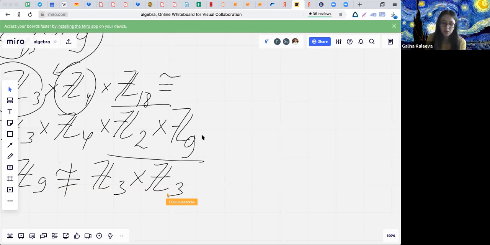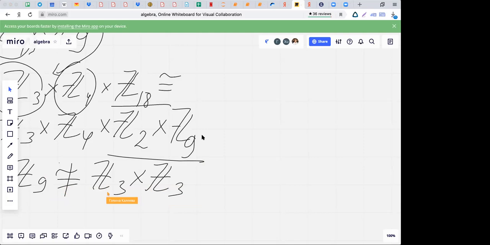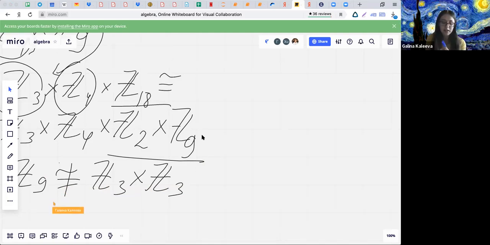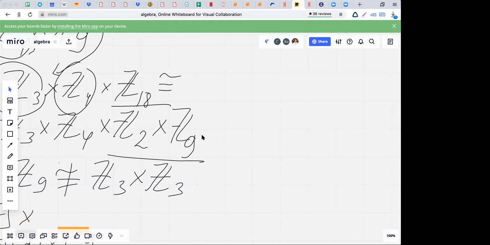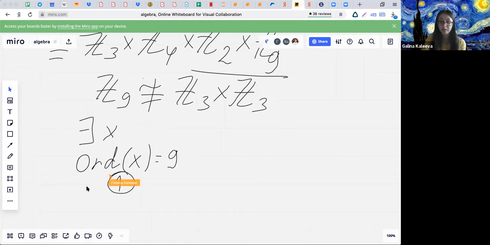So how can we prove that there is no isomorphism? Since these two groups are isomorphic, there would exist an element x such that the order of this element equals 9. For example, 1 in Z9 has order 9.